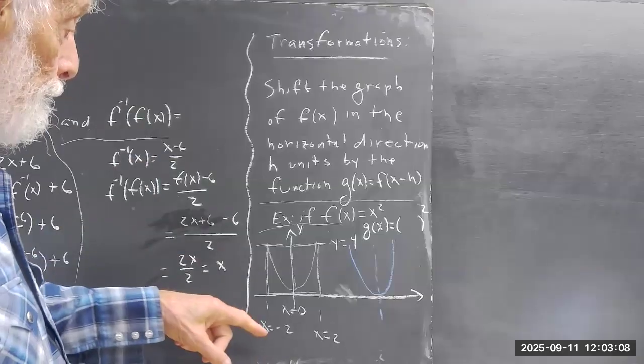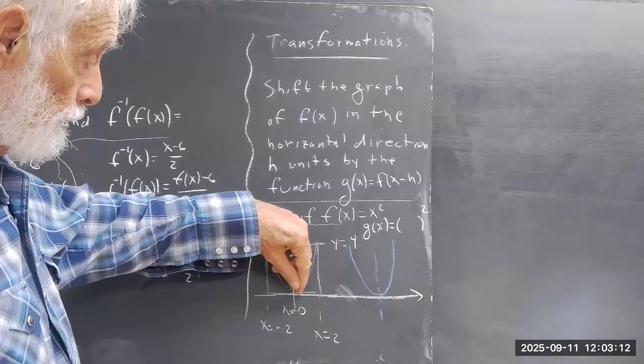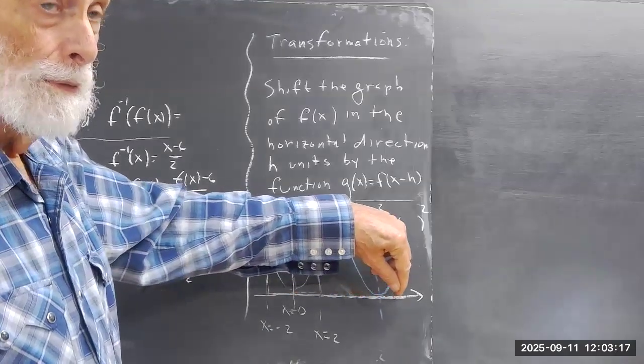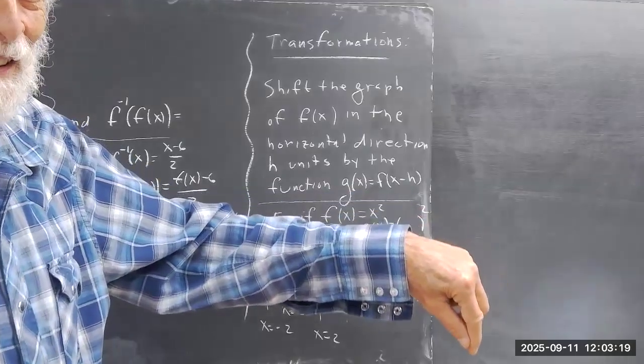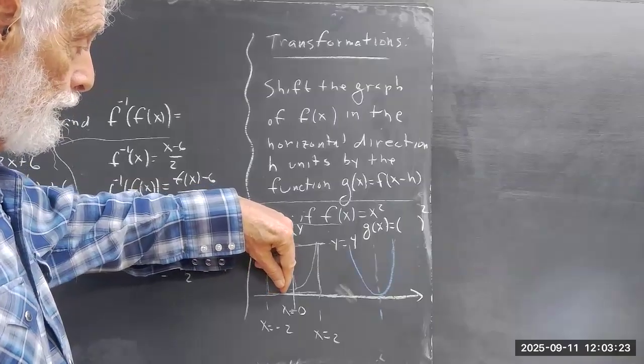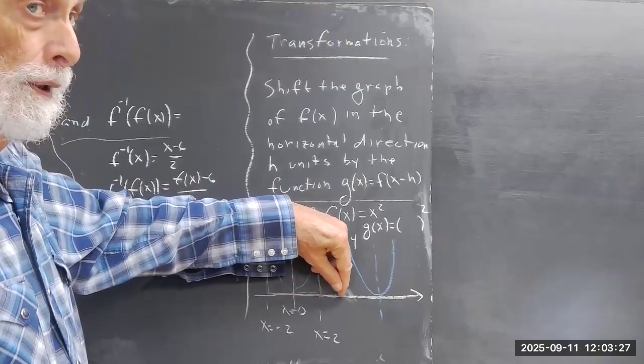Where's x equals 4? Show me where x equals 4 is going to be. I'm going to start my finger here. There's x equals 0. There's 2. Raise your hand when you think I hit x equals 4. Here we go again. Here I'm at -2. Here I'm at 0. Here I'm at 2.